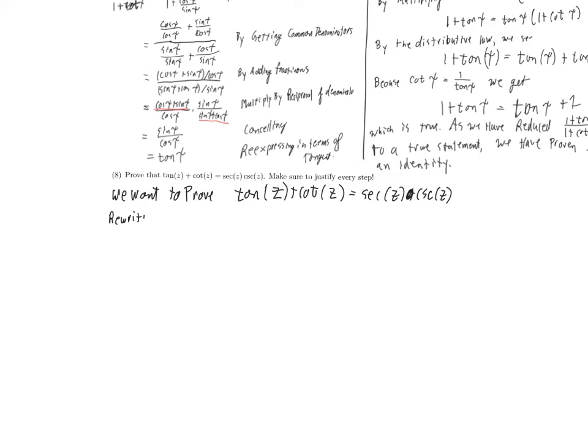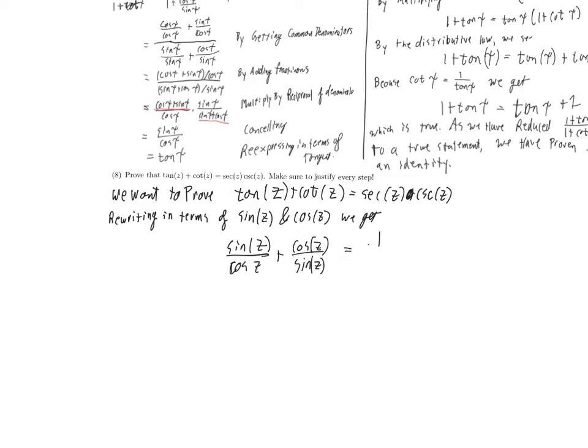Rewriting in terms of sine and cosine, we get sine over cosine plus cosine over sine is equal to 1 over cosine times 1 over sine.